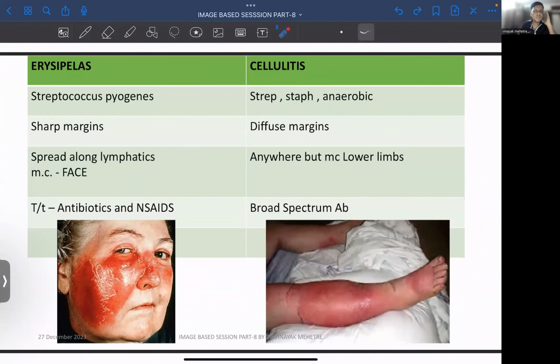Erysipelas. Remember, redness color, red patch on the face will be seen in erysipelas. Okay? Port wine stain on the face is seen in another condition.